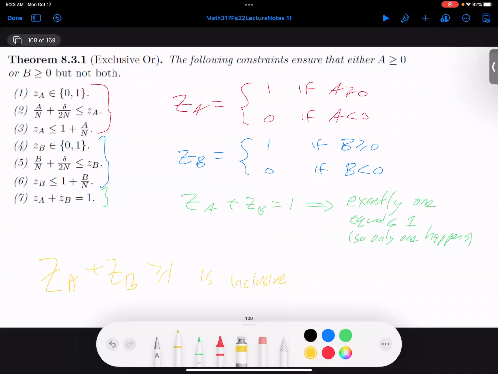Think about Fridays in October at Williams. Okay, so it's Mountain Day or not, so that's going to be exclusive.